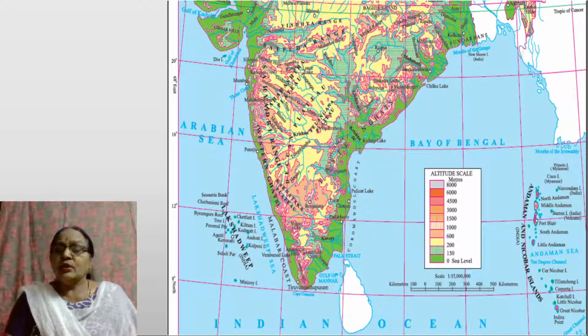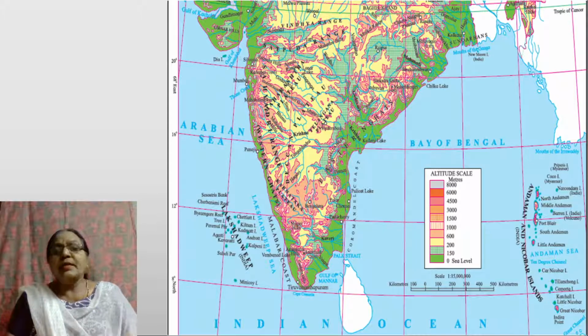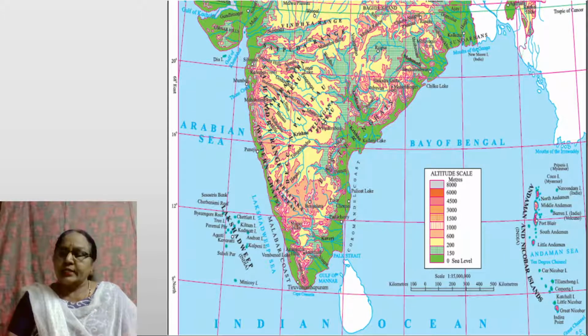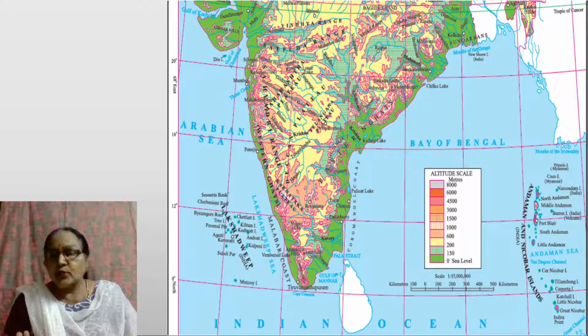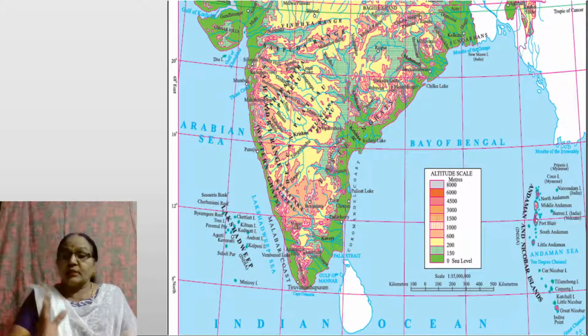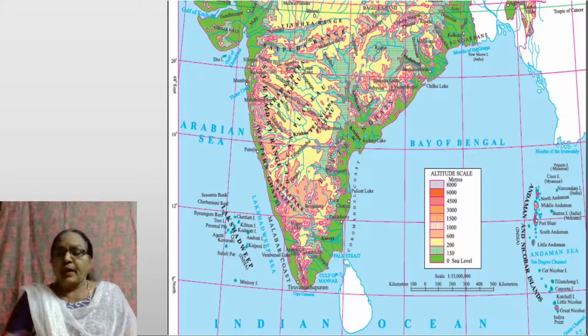Now, due to the tilt of the Deccan Plateau, many of these peninsular rivers open into the Bay of Bengal. The Deccan Plateau slopes from west to east. So you find most of the peninsular rivers like the Godavari, Krishna, Mahanadi, then Kaveri, etc., which rise from the eastern part of the Western Ghats, open into the Bay of Bengal.